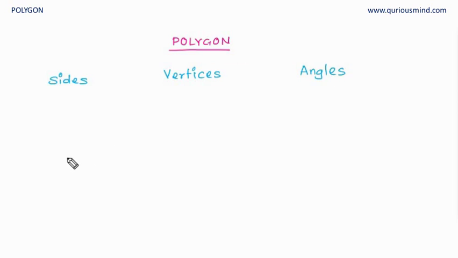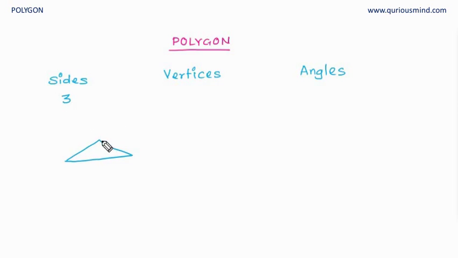So for example, triangle is a polygon. It has three sides. So number of line segments, here 1, 2, 3, the number of line segments is actually called as sides. So it has three sides.